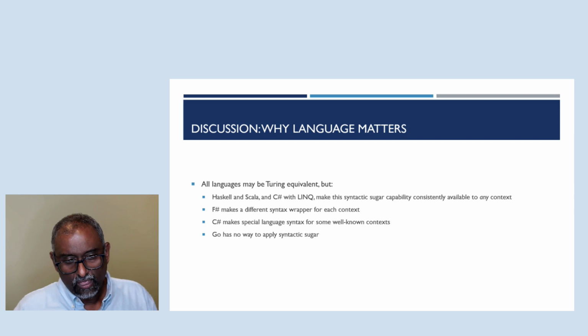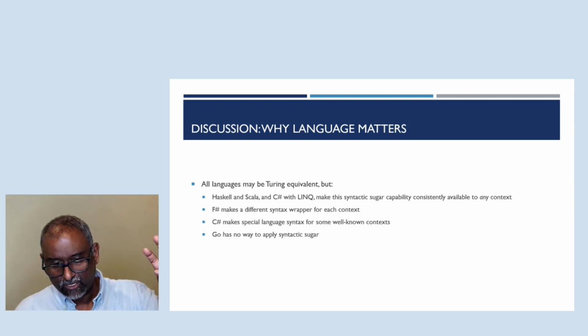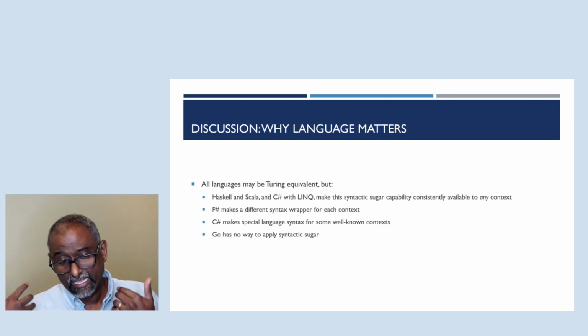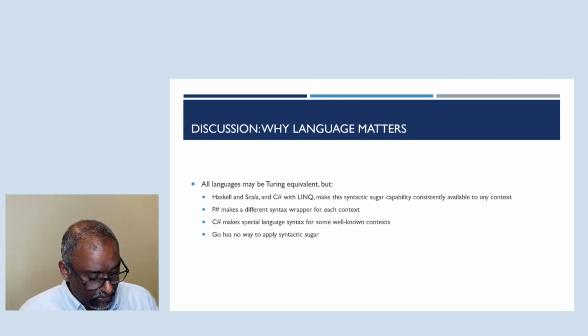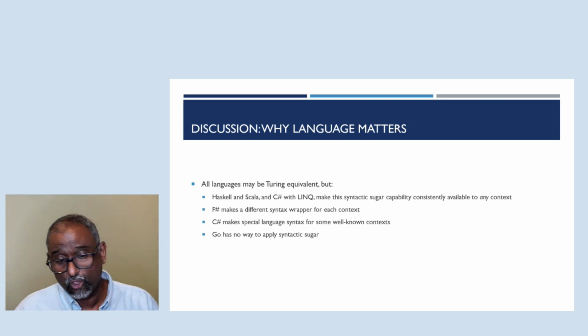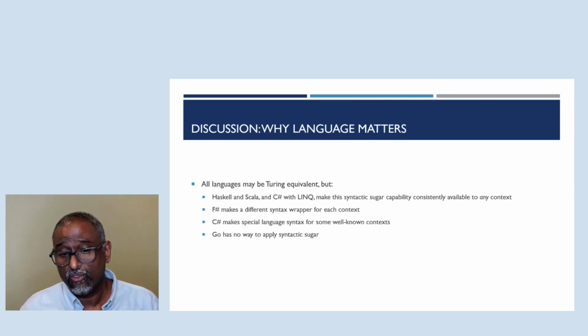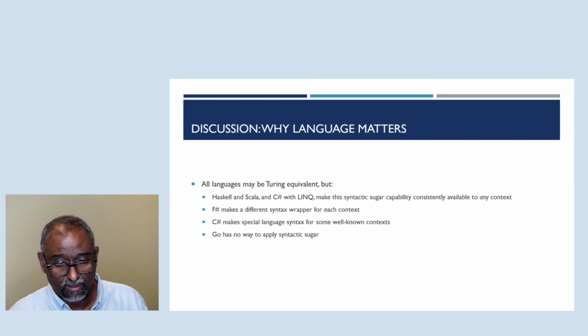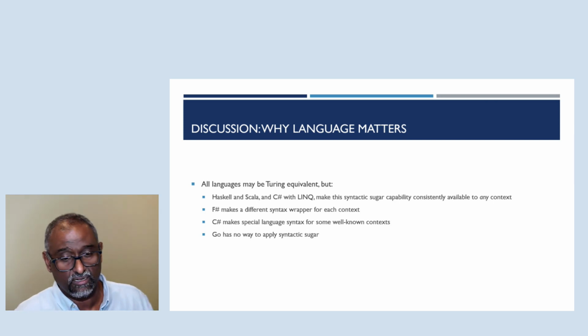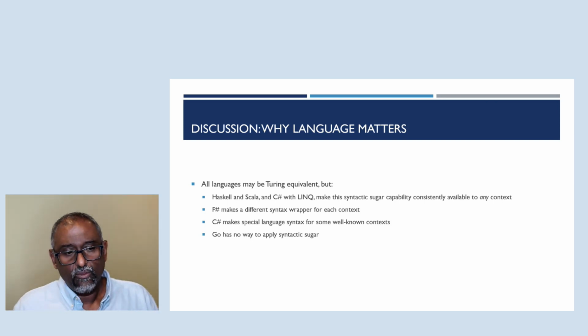F# has a different syntax wrapper for each context, but the syntax inside the wrapper is going to be universally the same. So you always use let bang when you want to unwrap a contextual value. You always use return when you want to take an unwrapped value and put it inside a context and send it out, right?